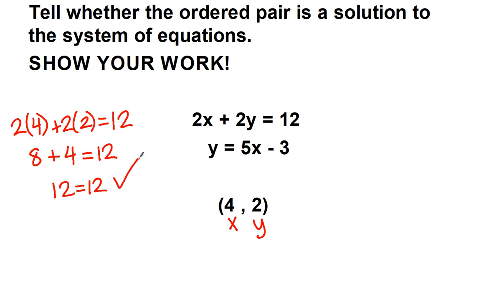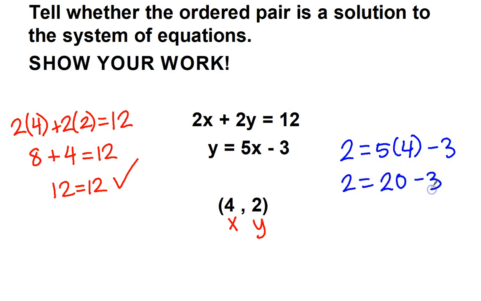Let's see if the bottom one works. So I'm going to switch colors. It says y equals, so the y value here is 2. 5x, so 5 times 4 minus 3. So let's see if that's true. 2 equals, 5 times 4 is 20. Is 20 minus 3 2? No, 20 minus 3 is 17, right?